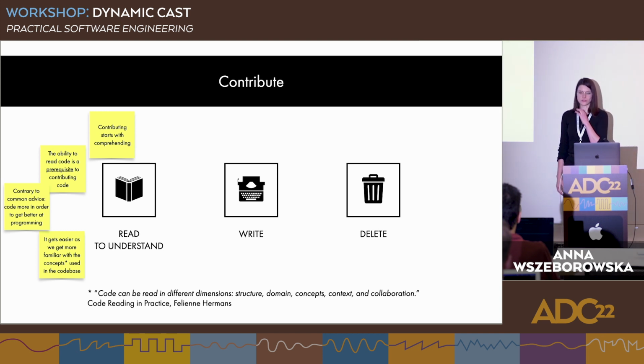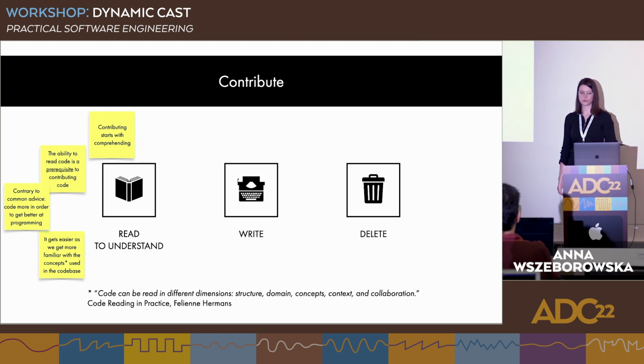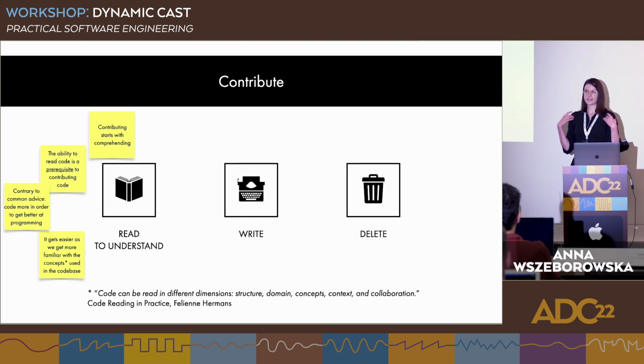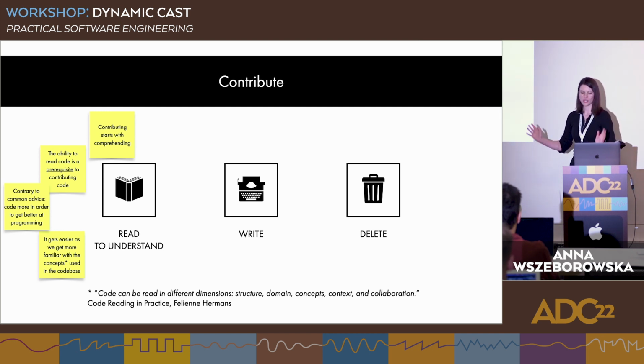There's a book, I think it hasn't been officially published yet, there are first drafts of a book called Code Reading in Practice, by Felienne Hermans, who studies the cognition of programmers, like what cognitive abilities we need in order to comprehend code.